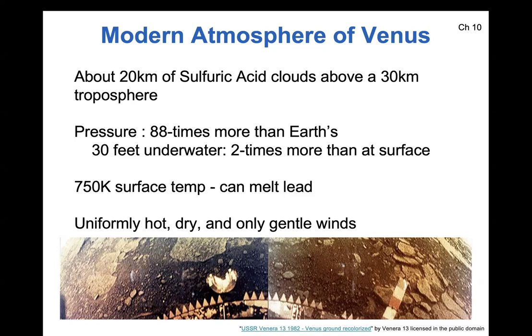Mercury, by the way, has the greatest change in temperature because it swings from positive 400 degrees Celsius to about negative 400 degrees Celsius. So it has the greatest swing in temperature. But Venus by far has the highest high, and it doesn't vary. That 750 Kelvin surface temperature just doesn't change.